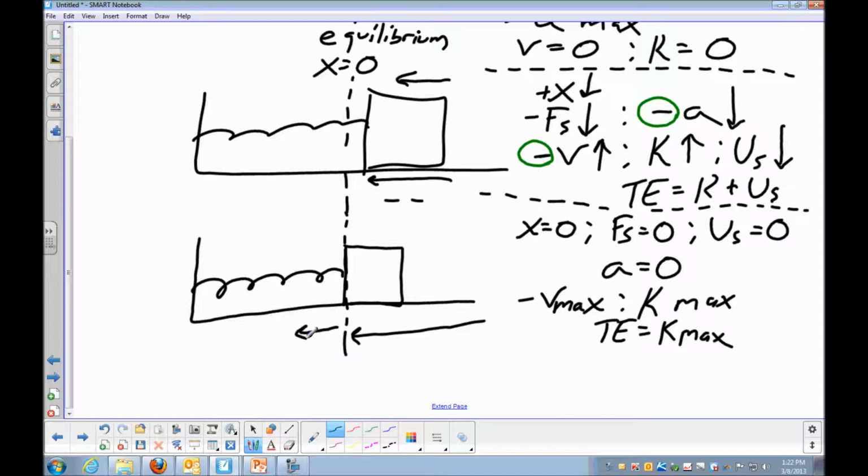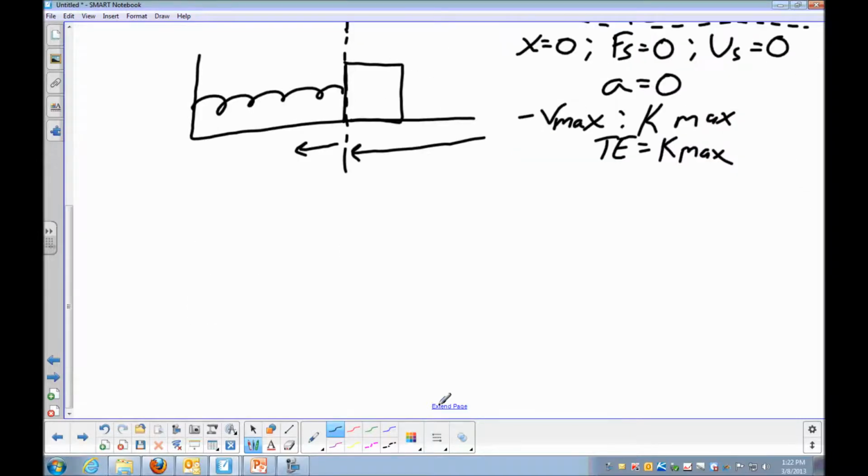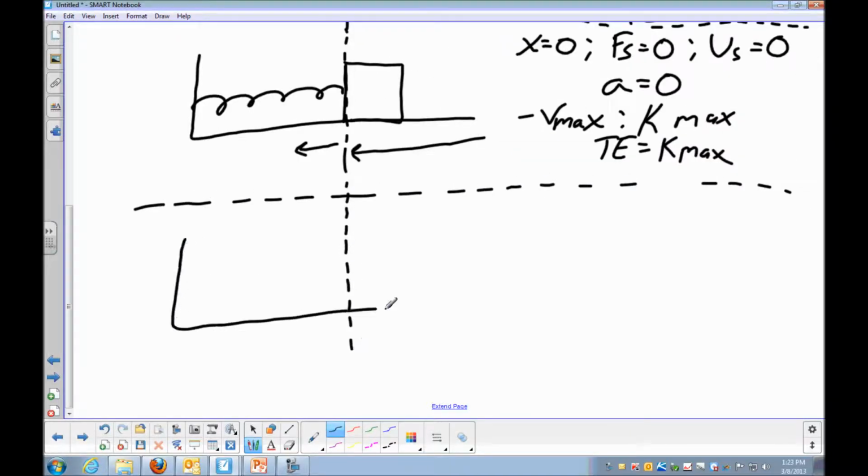So let's take a look at what happens at that point. So now we have a box beyond my equilibrium point, moving to the left. I now have negative displacement, and it's increasing. It's getting bigger.